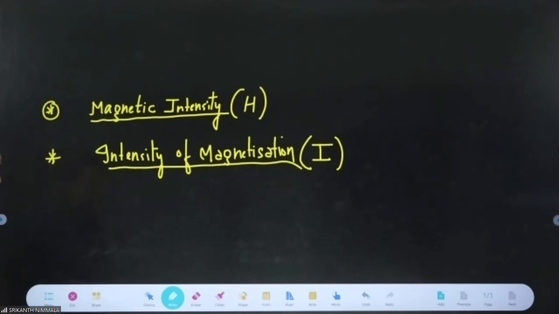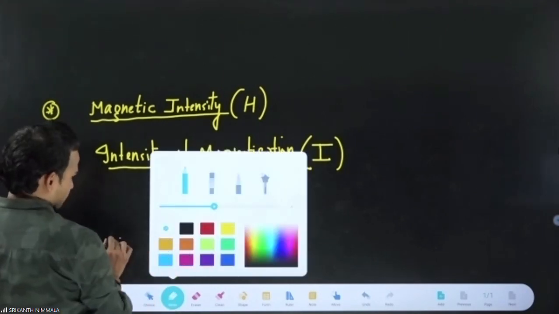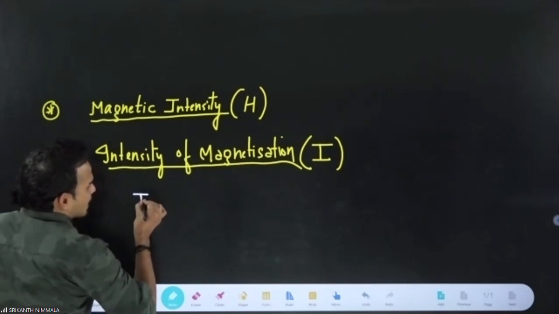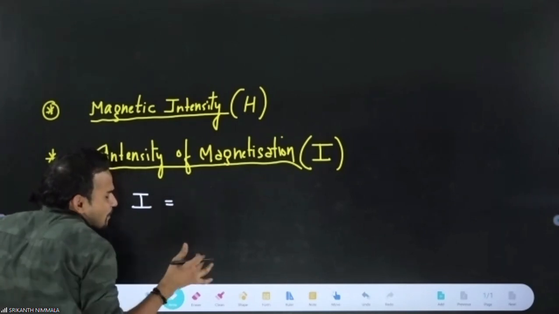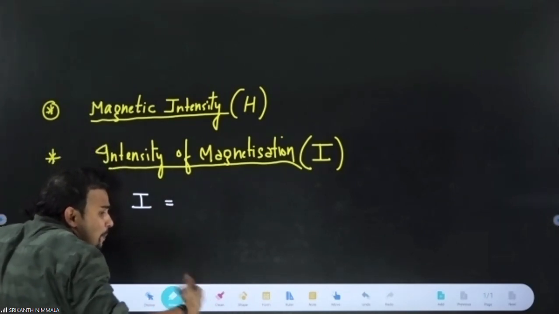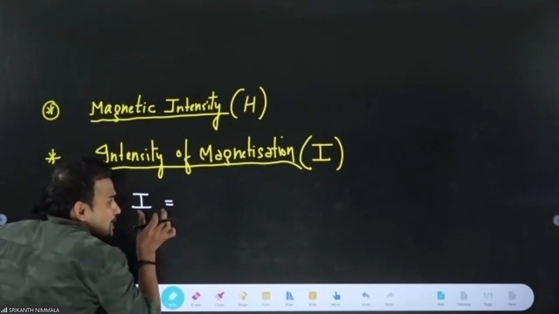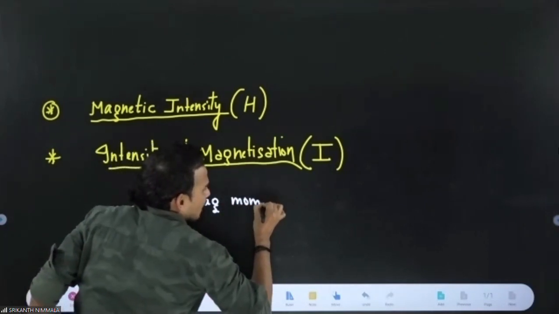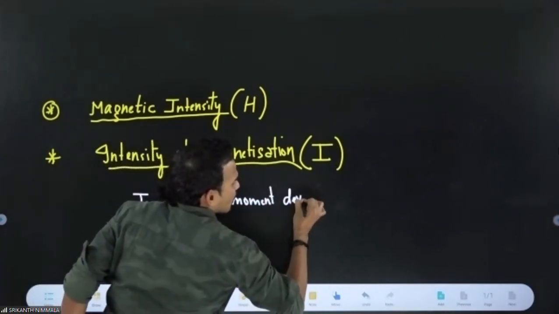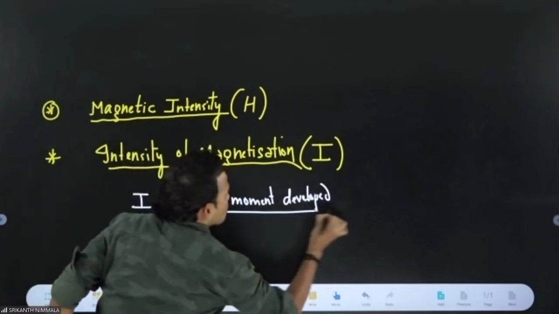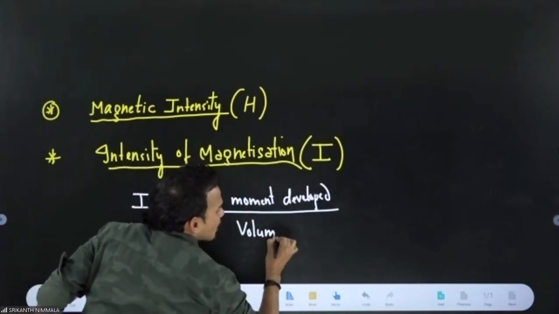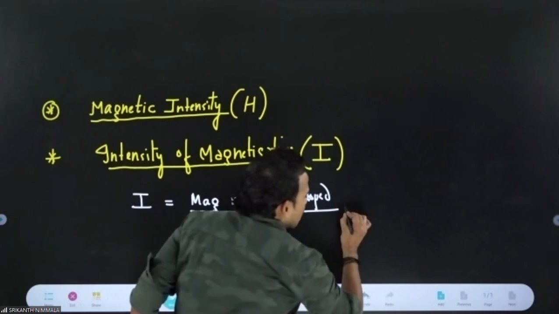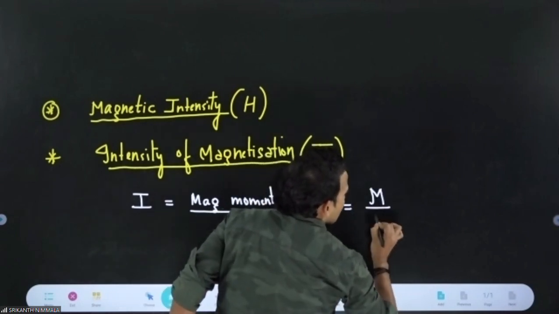And now see what is the value of I. So always remember, your I, intensity of magnetization: when a body develops magnetism, that means the body develops magnetic moment. So intensity of magnetization is simply magnetic moment developed by the body per unit volume. This is your intensity of magnetization. Magnetic moment developed per unit volume. If you want, you can write this as magnetic moment capital M divided by volume V.